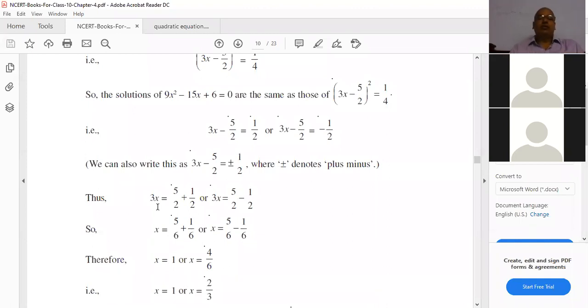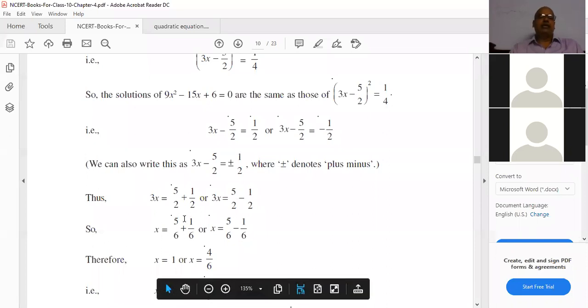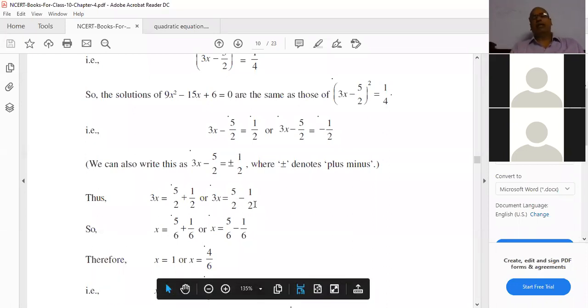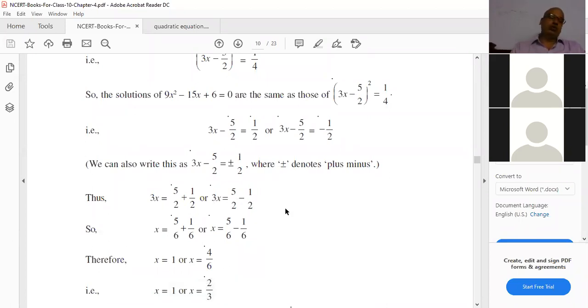Here LCM 2, 4 by 2 is 2. And here if you transpose 3, 4 by 6 means 2 by 3, you are getting the answer. He transposed 3 first only, Amma. But at last also you can transpose. First simplify: 4 by 2, so x equal to 2/3. x equal to 1 or 2/3.